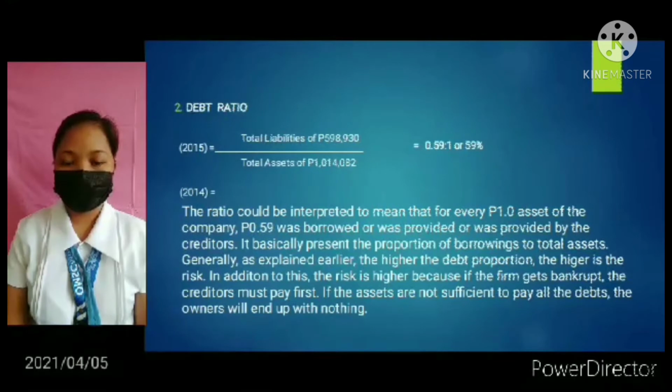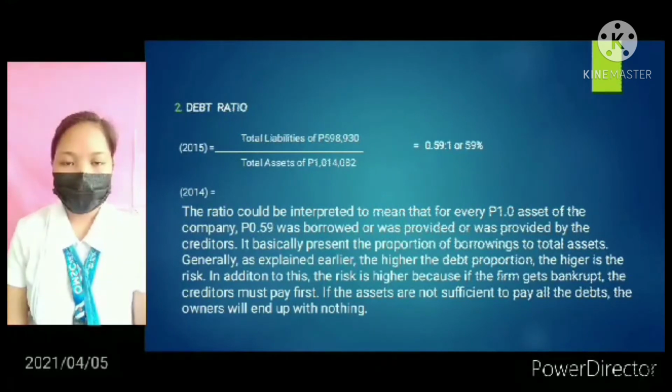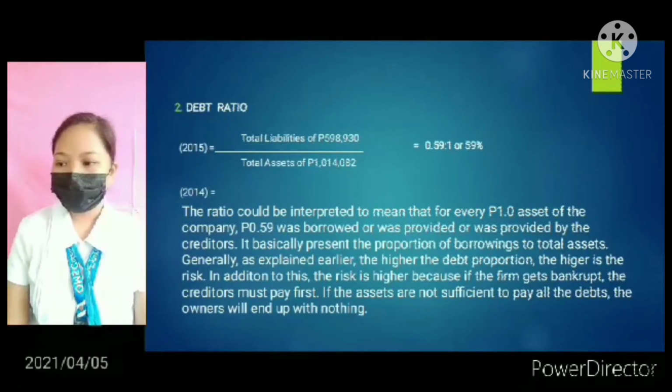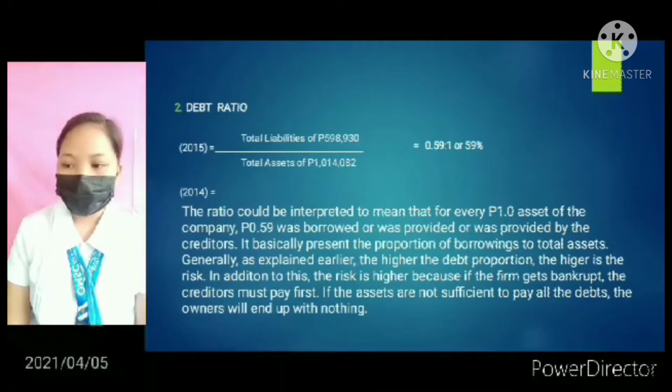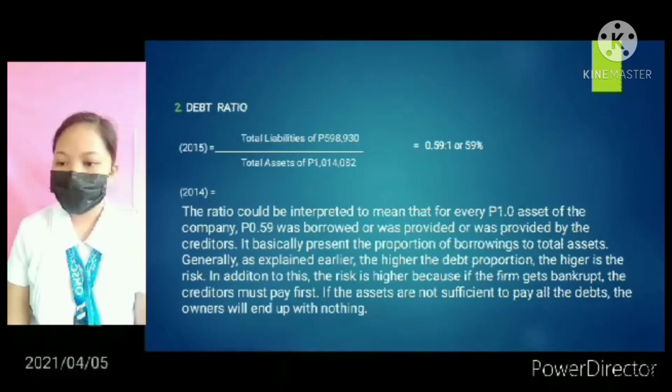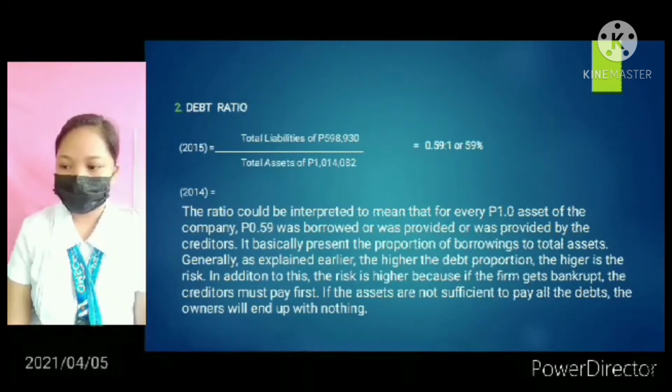Number 2, debt ratio. The formula of the debt ratio is total liabilities divided by total assets. The ratio could be interpreted to mean that for every 1 peso of assets of the company, 0.59 was borrowed or was provided by the creditors. It basically presents the proportion of borrowings to total assets.